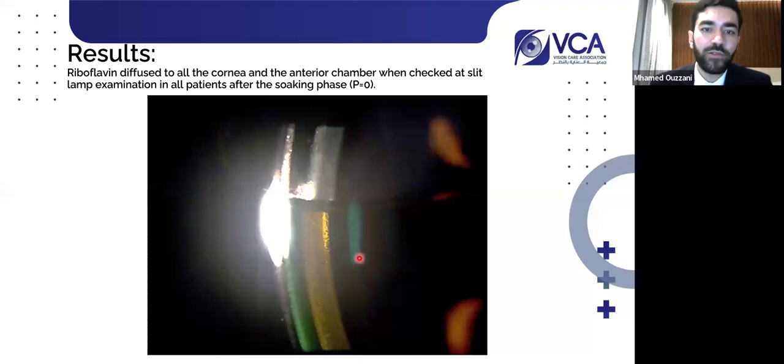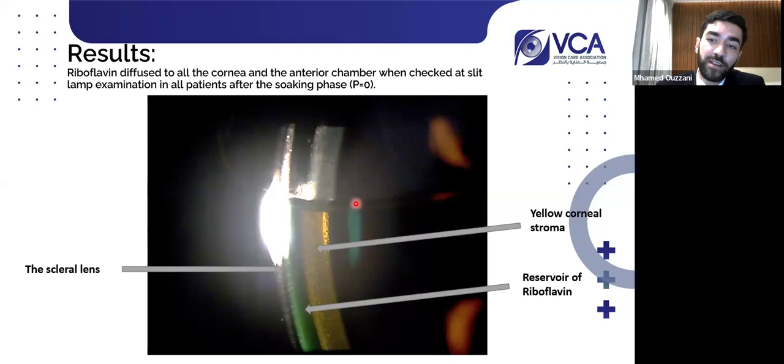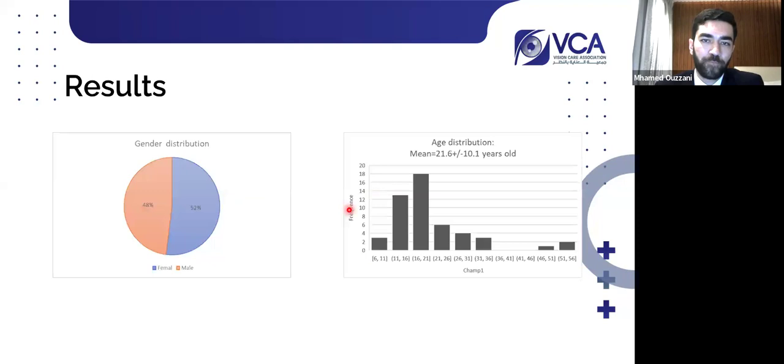For the results, the riboflavin diffused over all the cornea. You can see the yellow color of the stroma, and you can see here a little flare in the anterior chamber. That is the sign that the riboflavin penetrates all the cornea.